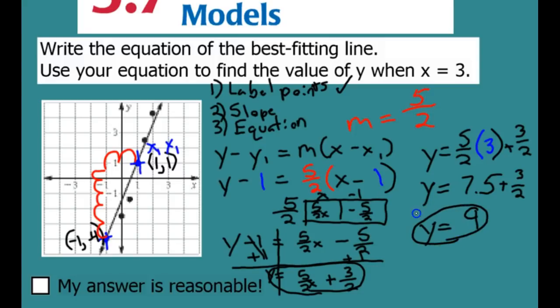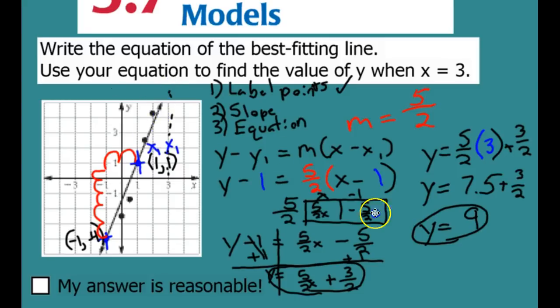Now we need to see if this answer would be reasonable. So we need to look at where x equals 3. Then, if we go up from x equals 3, we would eventually run off our graph. But once we get up to 9 on our y-axis, if this best fit line would hit that, then our answer would be reasonable.